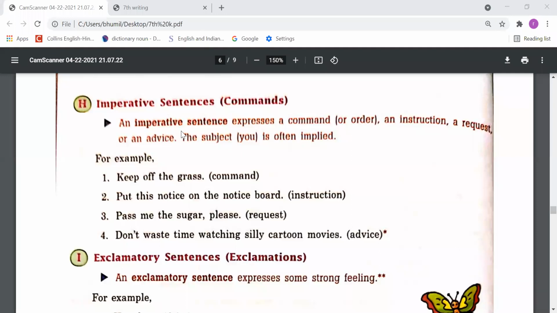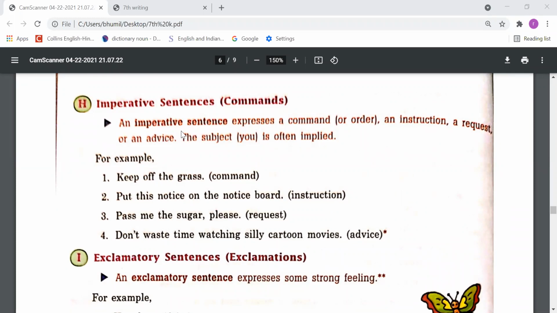The subject "you" is often implied. For example, "Keep off the grass," command. "Put this notice on the notice board," instruction. "Pass me the sugar, please," request. "Don't waste time watching silly cartoon movies," advice.